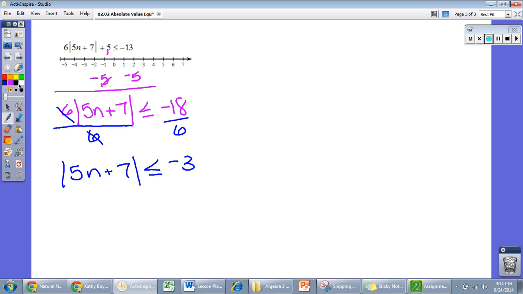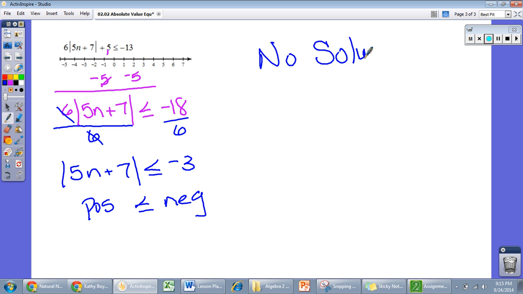So what does this one say? Let's take a look. Whatever we put in place of n, multiply by 5 and add 7 to it, and then take the absolute value, we're going to get a positive number. This is saying positive numbers are less than or equal to negatives. Now we know positives are not less than negatives, so this would be an example of no solution.